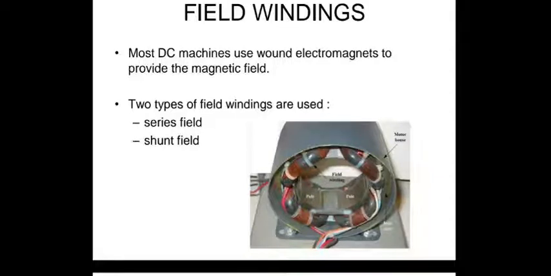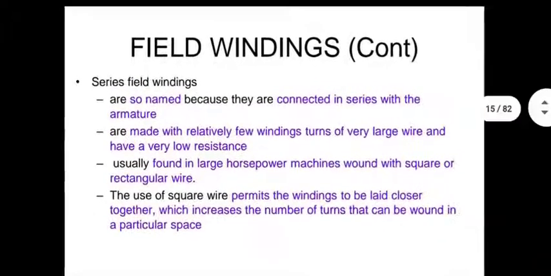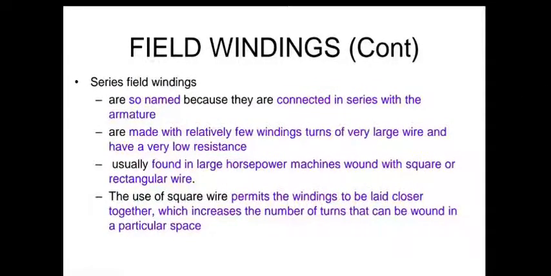Field windings can be in series with the armature winding or in parallel or partially in series and partially in parallel, which is known as compound winding. We have gone through all this in my notes also, so I'll quickly rush through it.